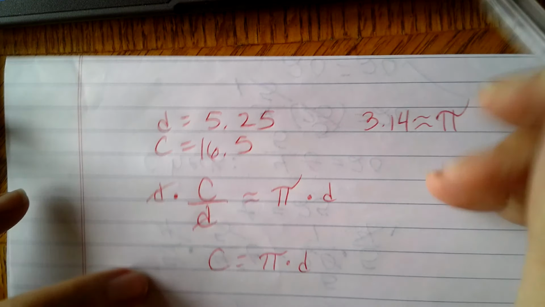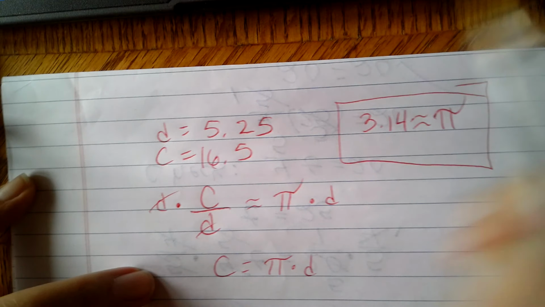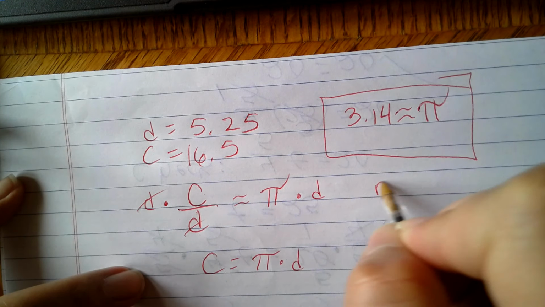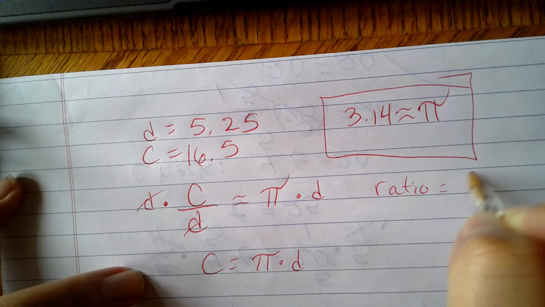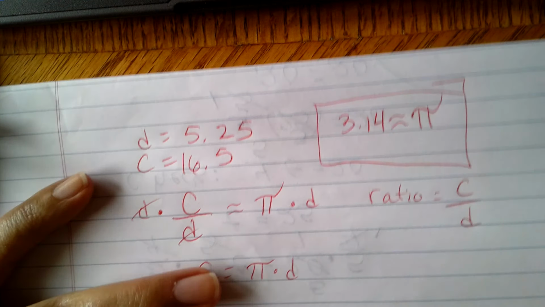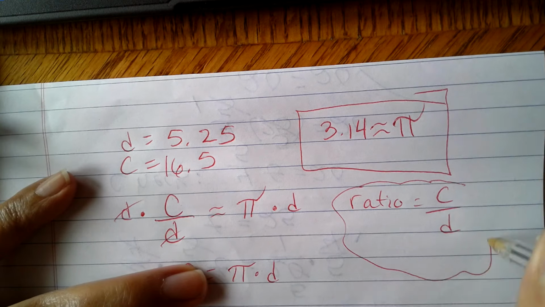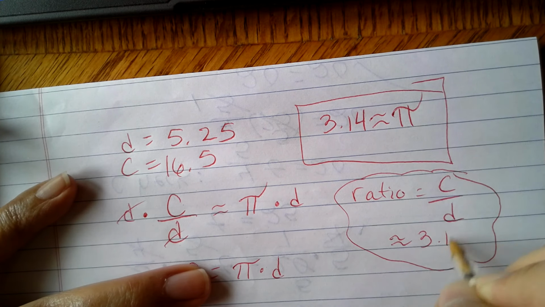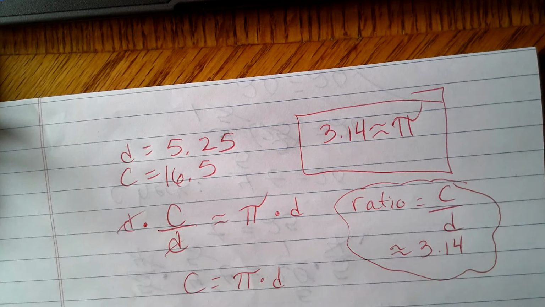What you should have noticed is that the ratio of the circumference to the diameter in any circle in the universe is equal to this number called pi. In our experiment, it's approximately pi.